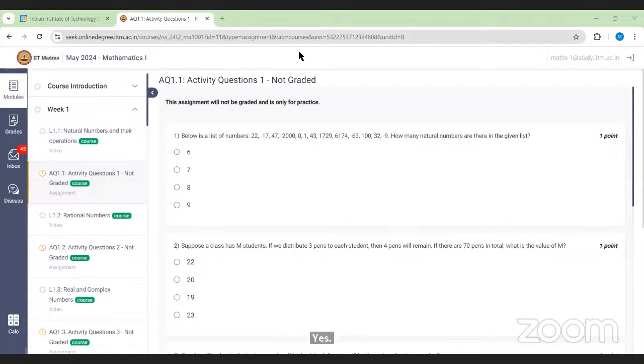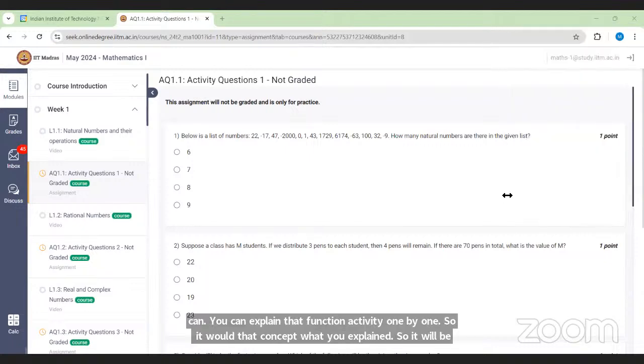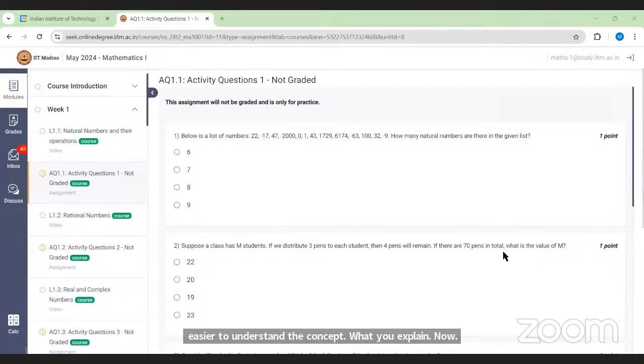Ma'am, you can explain the function activity one by one, so it will be easier to understand with the concept you explain. Okay, Kapil, I'll give you a hint. I'll see that question, whatever graded question that is. If x is greater than y, some inequality is there, then it's very difficult to say a function is there. But I'll see and state it.